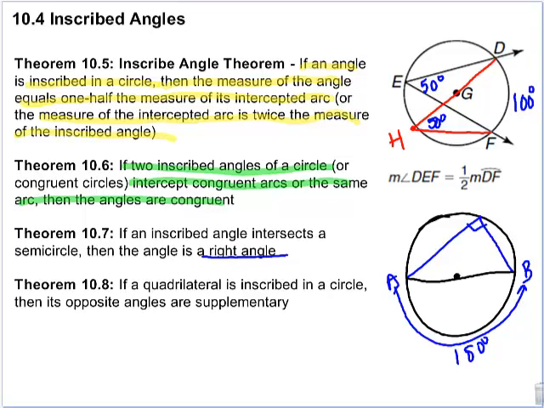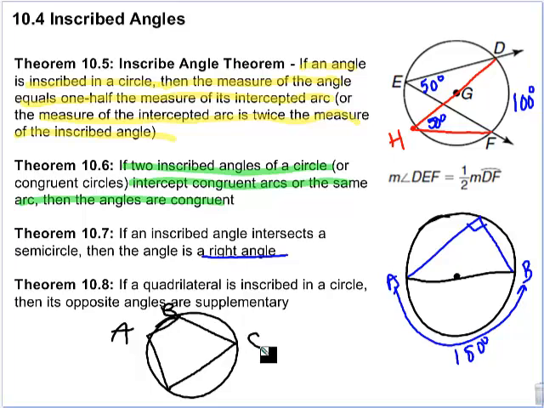And then the last theorem, I need to draw a little diagram out for this as well. If a quadrilateral is inscribed in a circle, so how many sides is a quadrilateral? 4. So there's my inscribed quadrilateral. The opposite angles are supplementary. So what does supplementary mean?